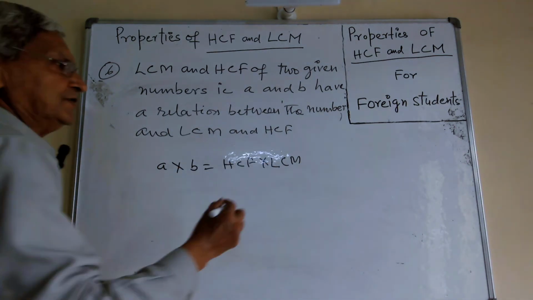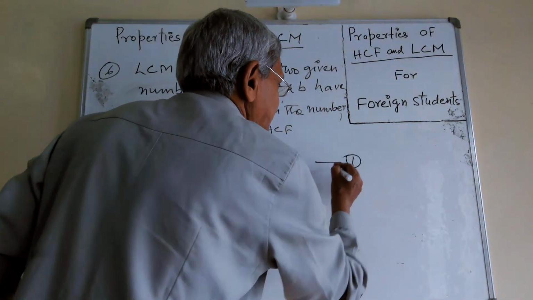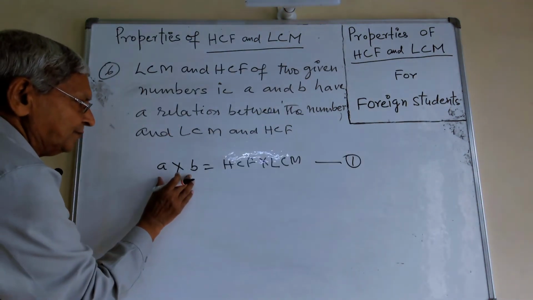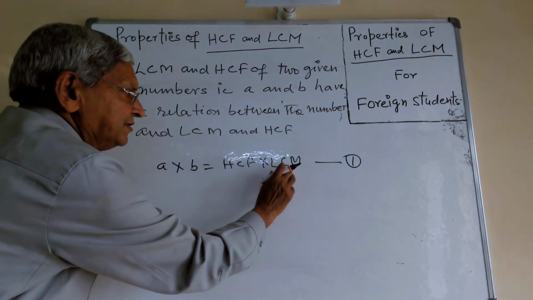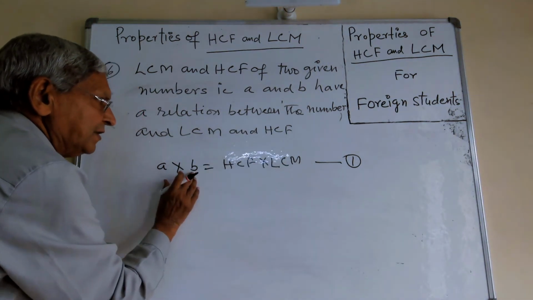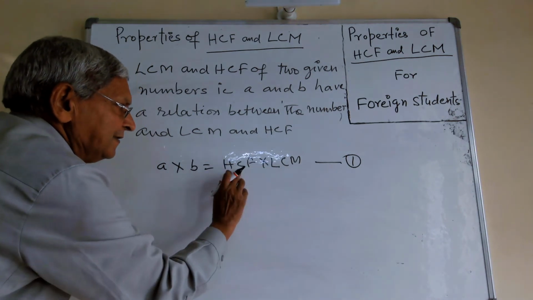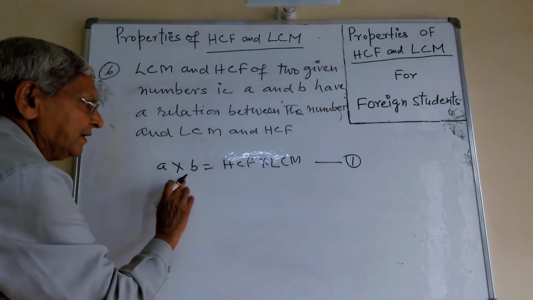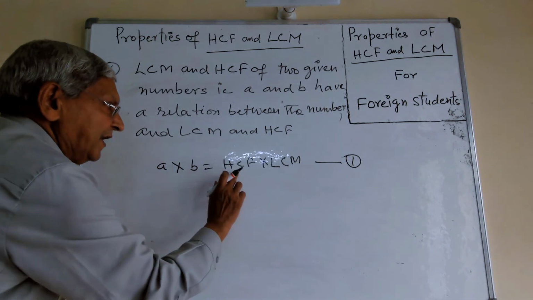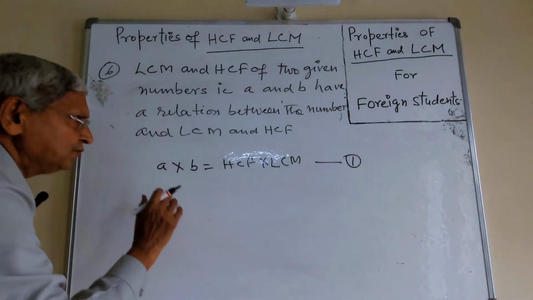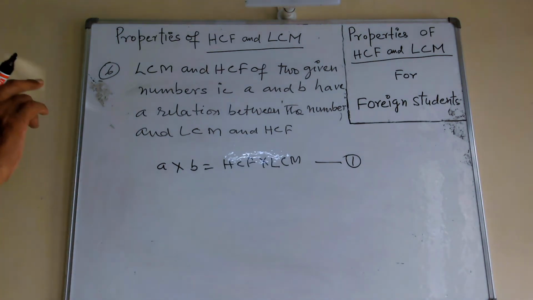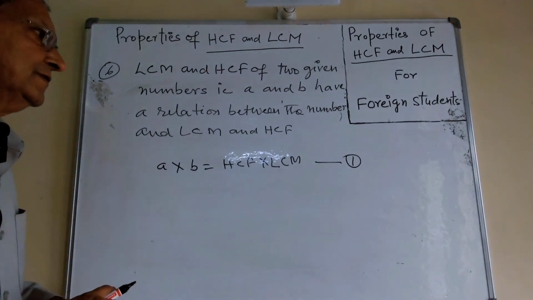This is the most important relation, because when two numbers and the HCF are given, you can find out the LCM. When two numbers and the LCM are given, you can find out the HCF. Again, if the HCF and LCM are given and one of the two numbers is known, you can find the other with the help of this relation.